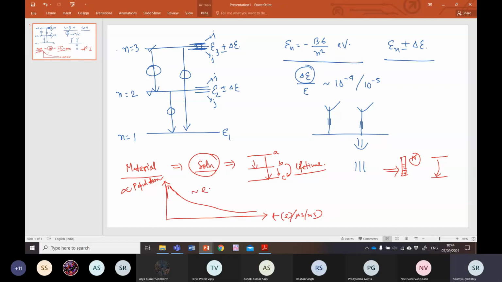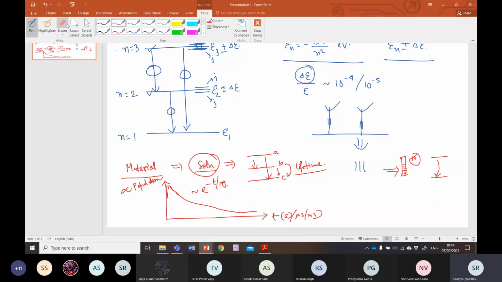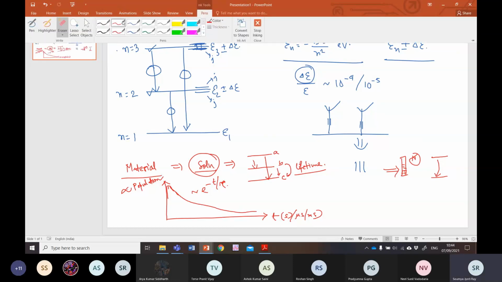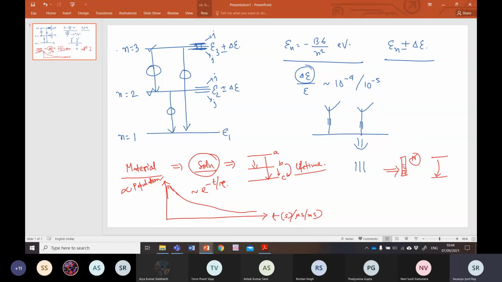Now usually this decay happens on the order of this time scale, or lifetime factor, that is associated here. And I get this graph, and if I fit it with this equation, then I can easily calculate the value of the lifetime. Does it answer your question?